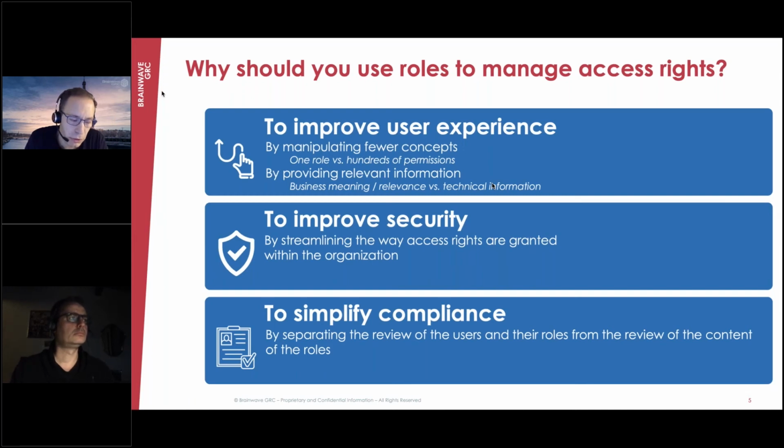The other point is, especially when you're running role mining against legacy applications, most of the time you end up with cryptic permissions. I mean those fine-grained permissions where, at the end of the day, nobody knows what they mean or what you can do through them.